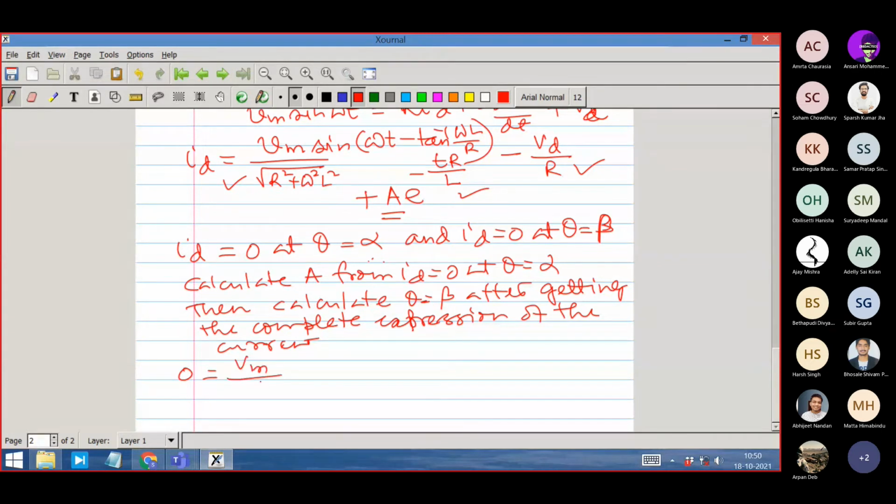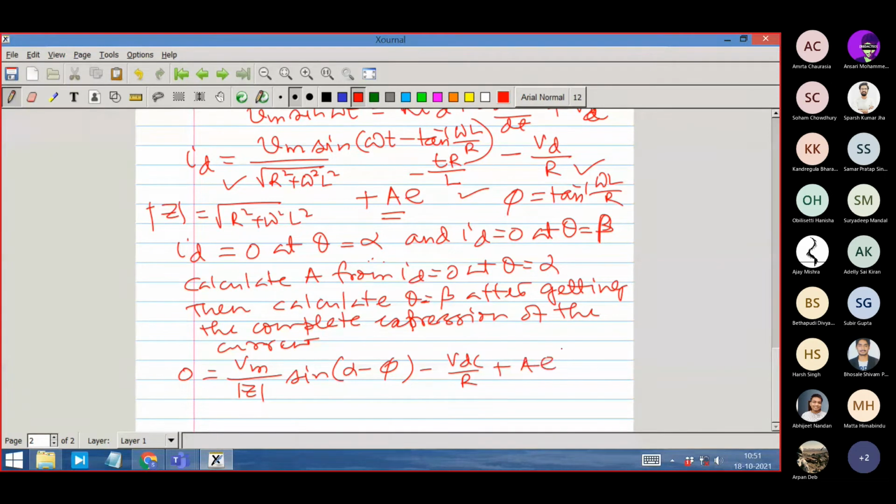Phi is defined as tan inverse omega L by r, right? Phi minus VDC by r plus A e to the power minus r by L. Alpha is in radian, so time will be alpha by omega, right?